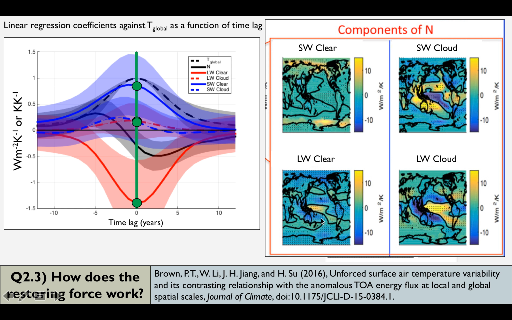And all of those help to increase the outgoing long wave radiation and thus essentially help increase the magnitude of the restoring force, bringing temperature back down to its equilibrium value.